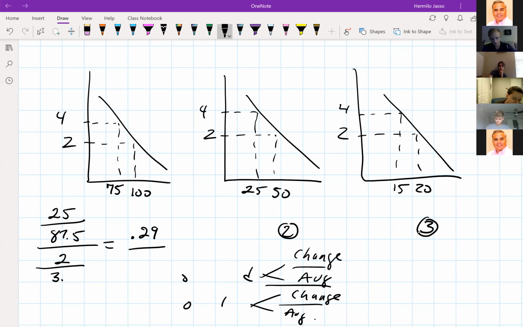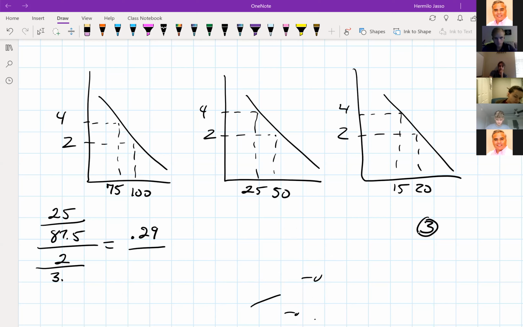0.29, and 2 divided by 3 equals what? 0.66 repeating, so let's go with 0.667. 0.29 divided by 0.667 is equal to 0.43.